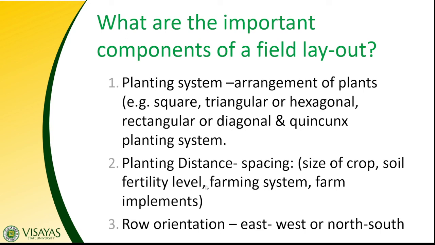If the soil is not so fertile, or has been continuously planted, a planting distance must be recommended, based also on the farming systems to be used and the farm implements to be used in preparing the area, coupled with the field layouting.